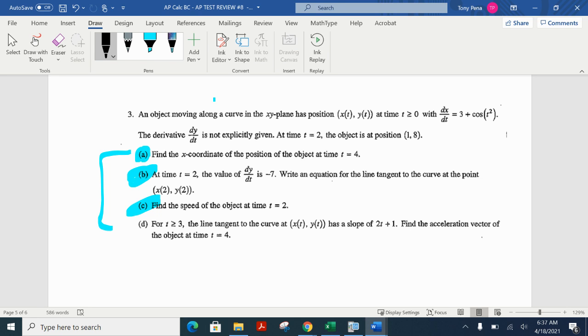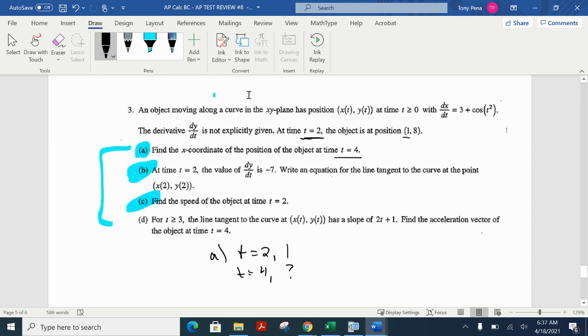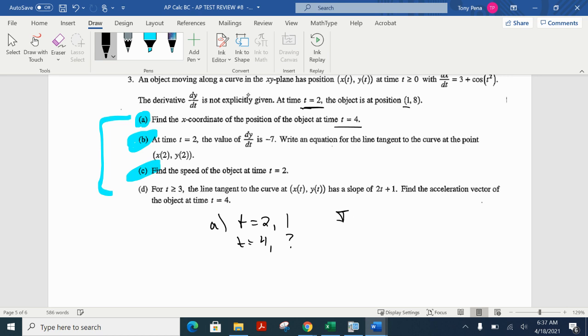And we did a few of these by hand when we didn't have our calculator, where at the time of 2, we have an x position of 1. And then they're asking you to find at the time of 4, what is our new x position? So like we just did, what we need to do is take the initial position, our initial x position, and then add the change in our x position.